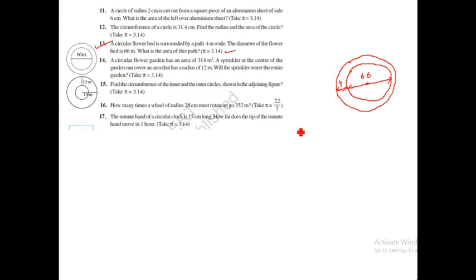So radius equals 1 by 2 of diameter, that is 1 by 2 of 66, that is 33 meter. So radius equals 33. This one is your radius.